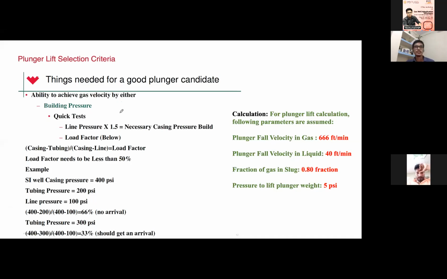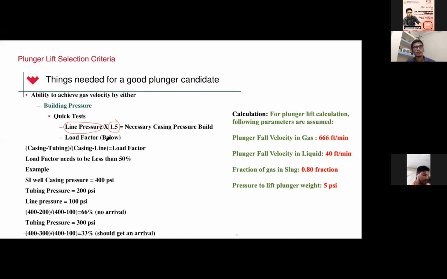The line pressure is basically the flow line pressure, or you can use your separator pressure. Your casing pressure should be more than 1.5 times your line pressure. If your casing pressure is not more than this, you will not be able to use plunger lift in that well.